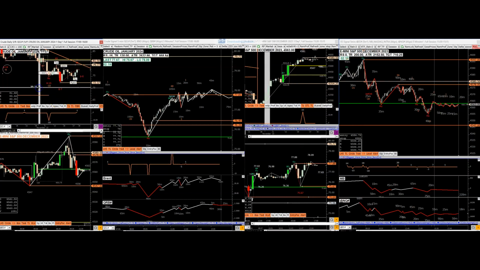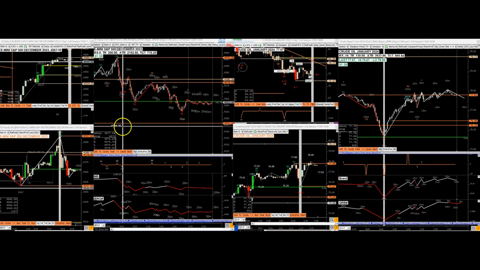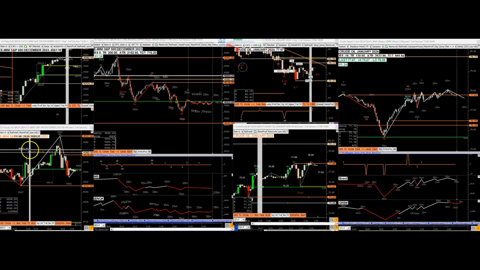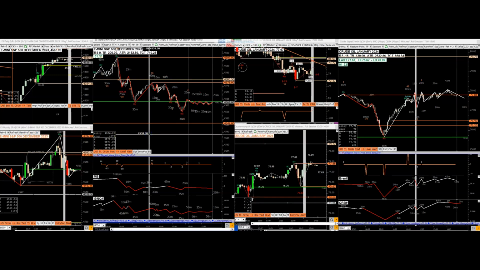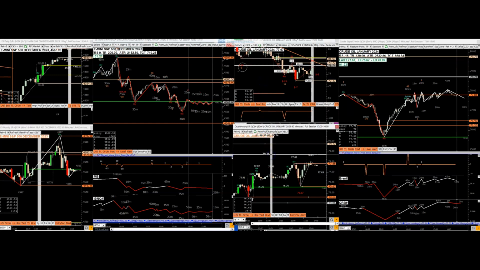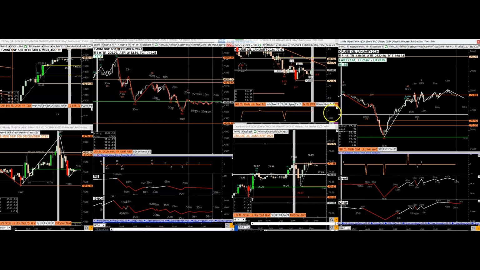So you have the daily ES, then underneath that the hourly ES, and then the 5 minute ES. Then on the right hand side of the chart, we have the daily crude, hourly crude, and 5 minute crude.